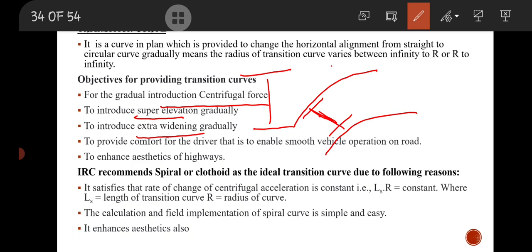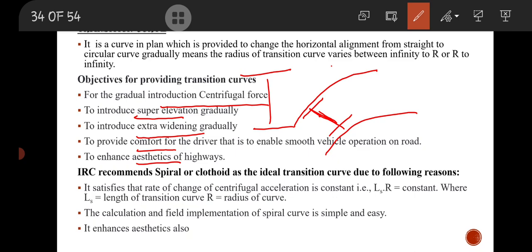That's why we provide some extra widening, which is a combination of psychological widening and mechanical widening, and this is called extra widening, to provide comfort to the driver and to run the vehicle, and to enhance the aesthetic view of the highway.